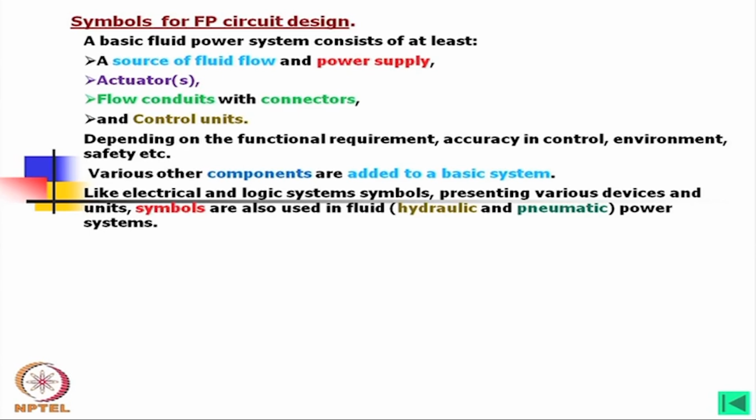You know that for electrical circuit design we use the electrical symbols, resistance, capacitance, etc. In case of logic also, different gates we use. Similarly, in case of fluid power we must use some symbols for designing the circuit.